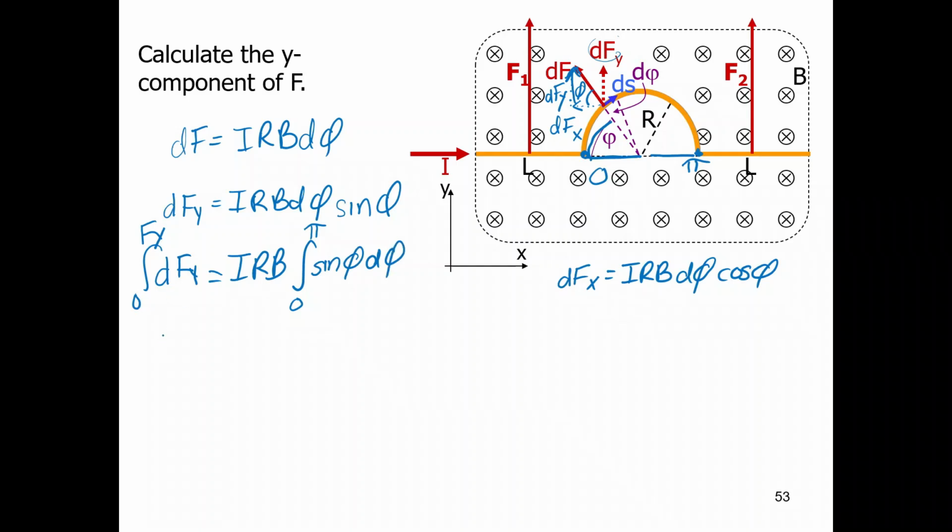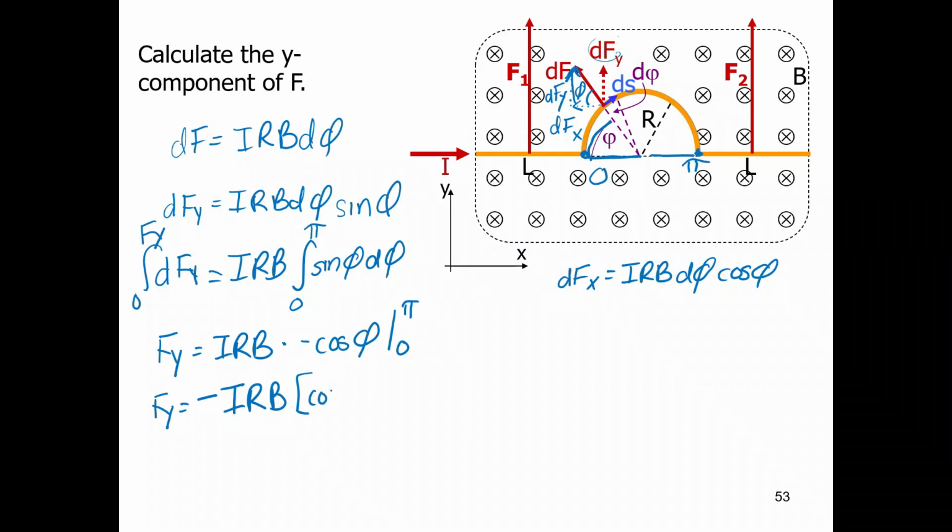So the integral on the left side is just going to be Fy, and then I'm going to get IRB. The integral of sine is negative cosine, evaluated from 0 to pi. You always want to show your integration and then show your substitution of the limits. So Fy is going to be negative IRB of cosine of pi minus cosine of 0.